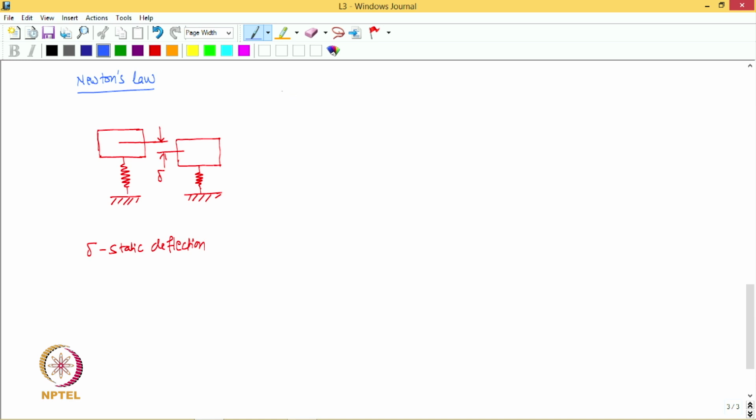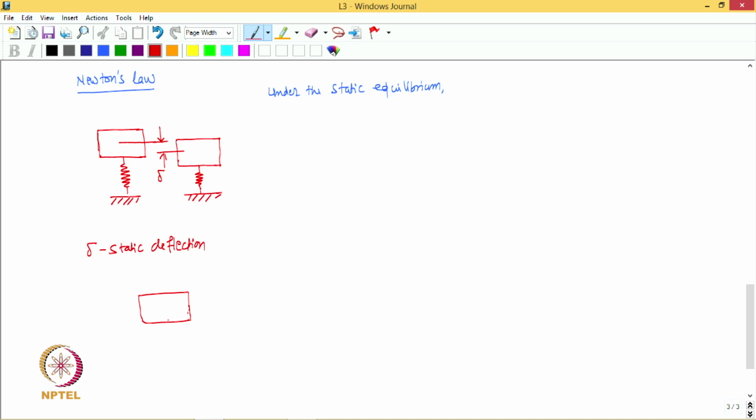And so, under static equilibrium we can make the free body diagram of the mass. This is the free body diagram of the mass. To make the free body diagram we need to show all the forces which are acting on the mass.